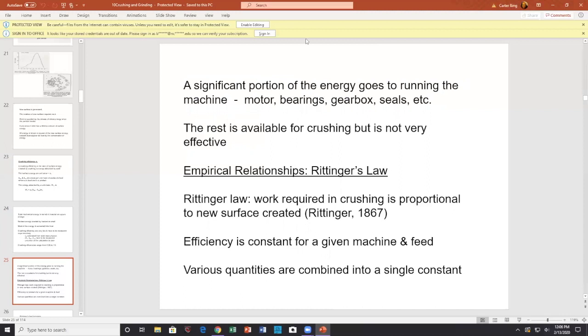So what you could possibly do is run an energy balance on your piece of equipment. You run perhaps the motor by itself, the motor with the bearings, the motor with the bearings and gearboxes, and then you throw in the seals. So you have a considerable amount of energy just simply running the machine. So you do an energy analysis on your machine, different components.